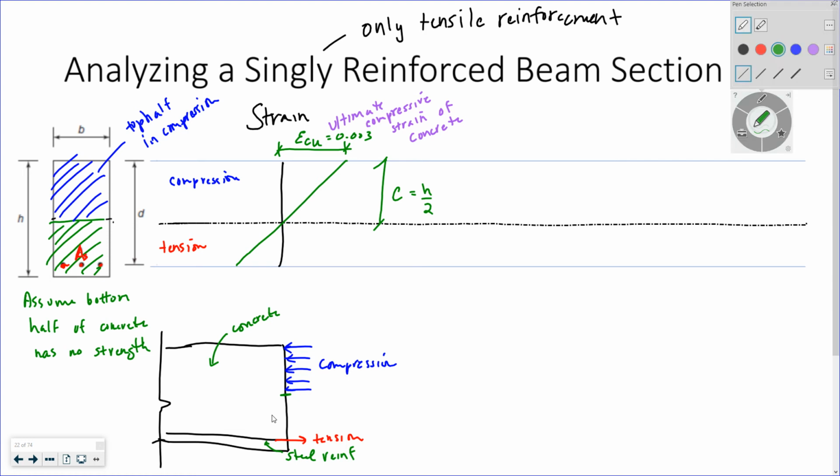What we're gonna use a lot of in this class is similar triangles. So get that in your mind, right? Because I can use similar triangles to then find the strain in my steel.